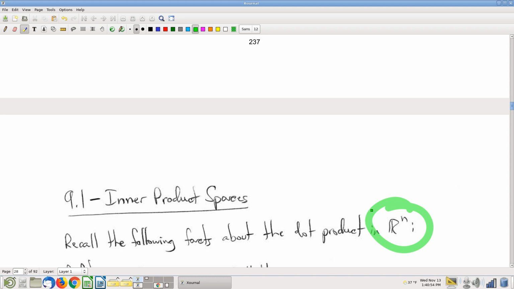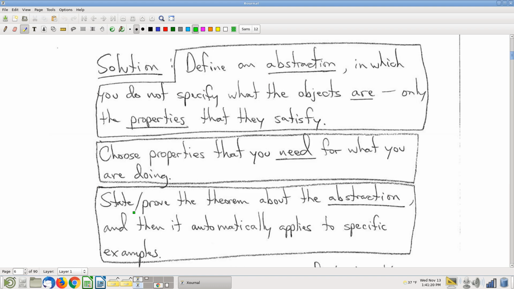Well, technically we do, because we were narrow-minded enough to only state and prove our initial theorem in Rn specifically, right? So this repeated a couple times, and we started to see the preposterousness of this and decided to avoid the problem by defining something called an abstraction, this vector space.